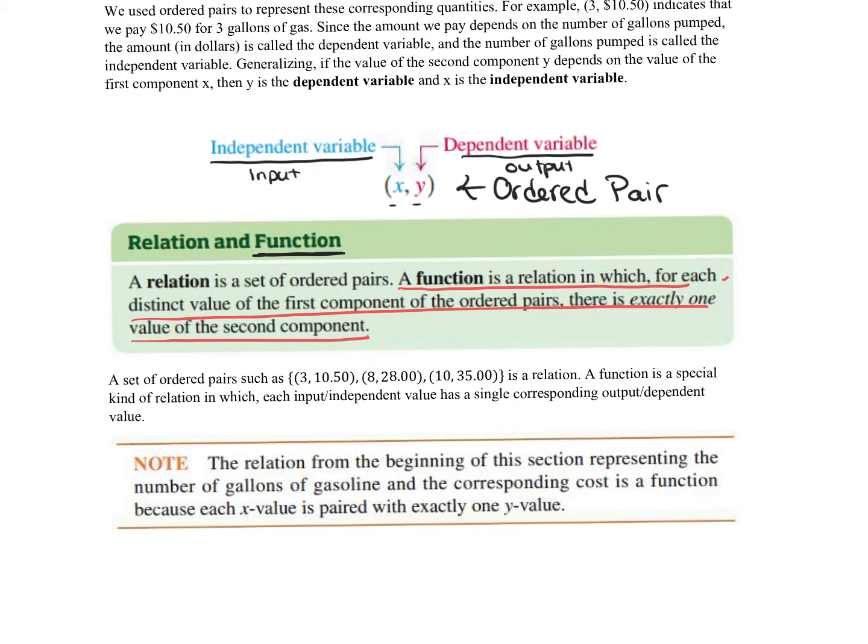So each input, I'm going to put this in other words, each input, which we oftentimes call x, only goes to or is paired with exactly one y value, which is our output.